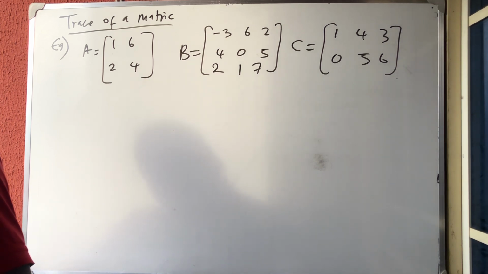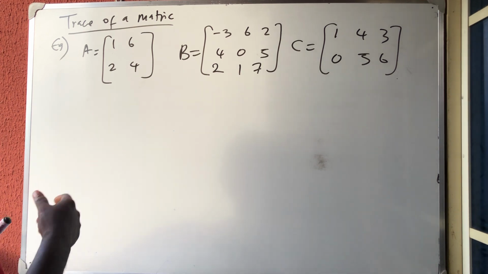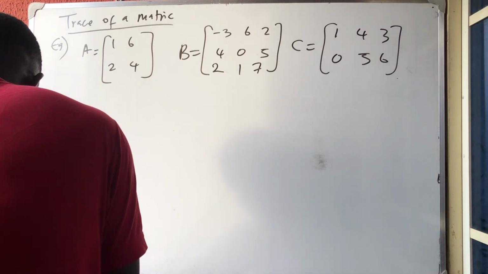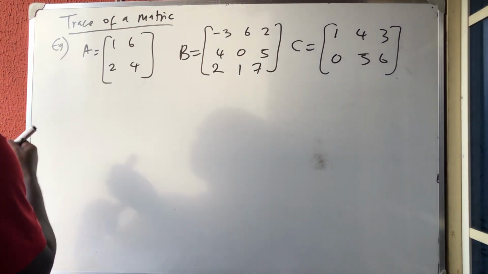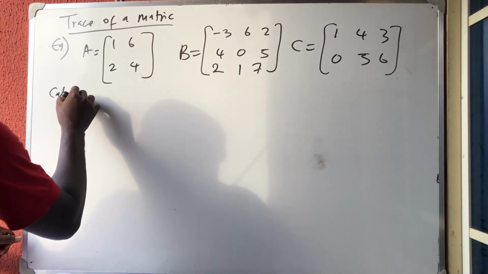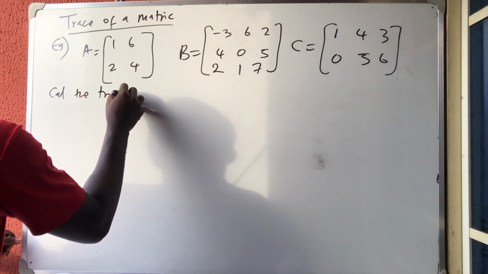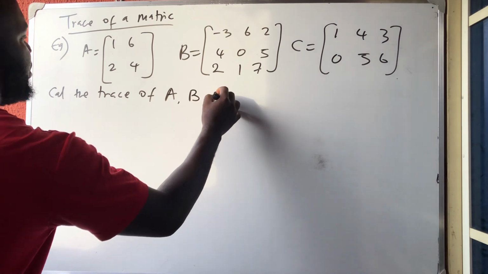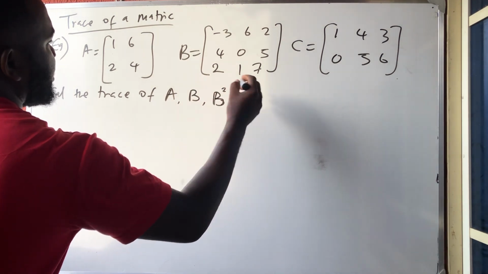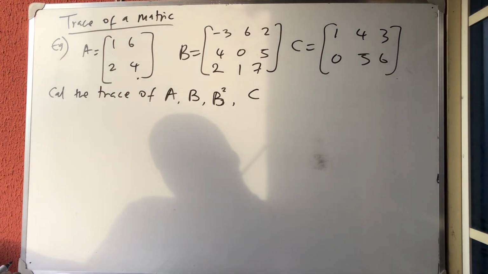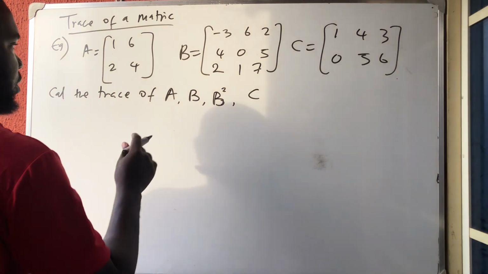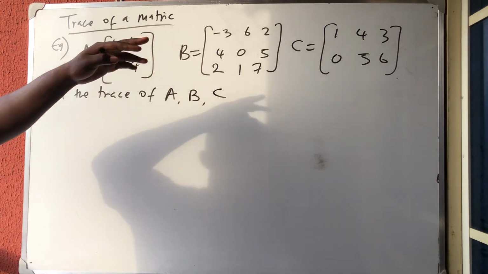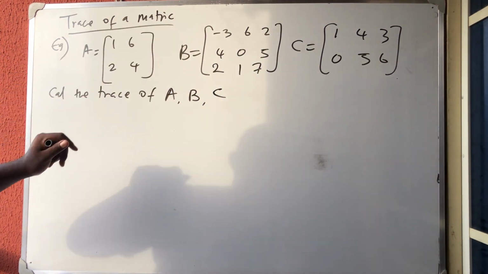They say calculate the trace of A, B, B squared, C. Or let me say A, B and C, as simple as that. B squared means this times itself, then you can now find the trace.